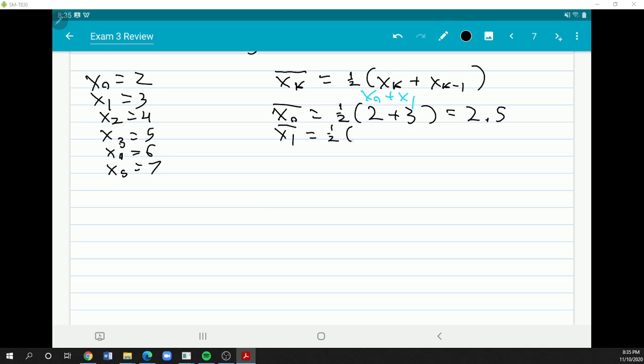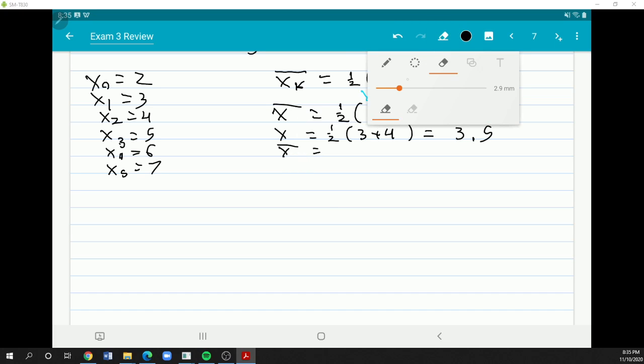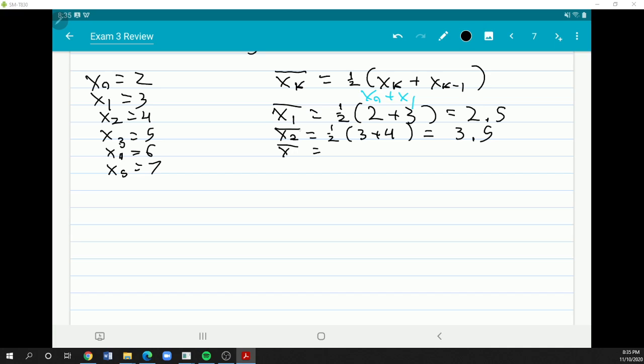x1 bar is 1/2 3 plus 4 equals 3.5. x2 bar, so it's not a big deal, but these are mislabeled. x1 bar, x2 bar, x3 bar is 1/2 4 plus 5 equals 4.5. x4 bar is 1/2 5 plus 6 is 5.5.